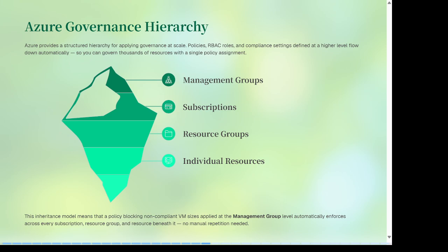What is Azure governance hierarchy? Azure provides a structured hierarchy that allows organizations to apply governance at different levels. This hierarchy includes management groups, subscriptions, resource groups, resources. Each level represents a scope of control.